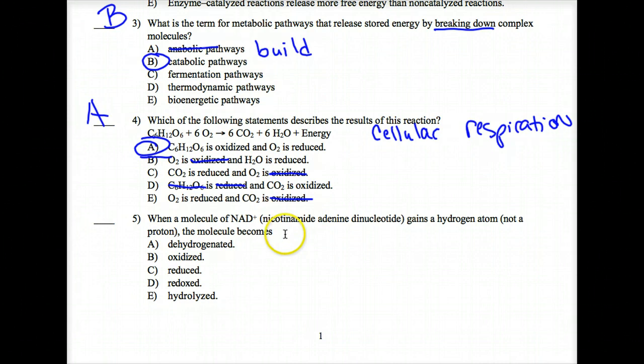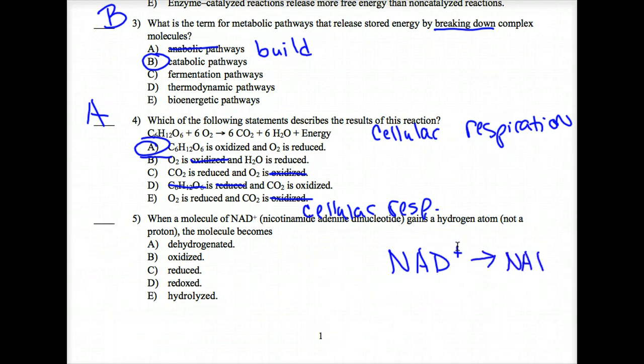When a molecule of NAD+ gains a hydrogen atom, this is cellular respiration, so there's no P. I'm going from NAD+ to NADH, I add a hydrogen.